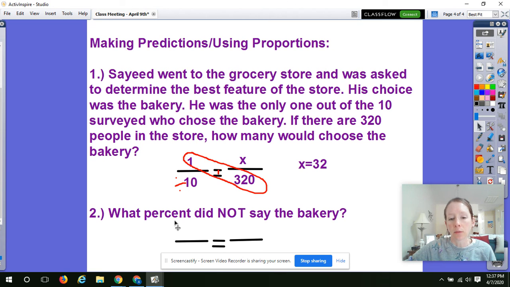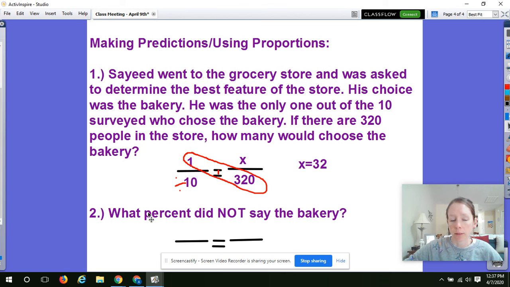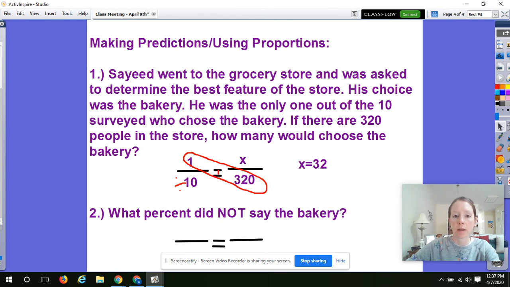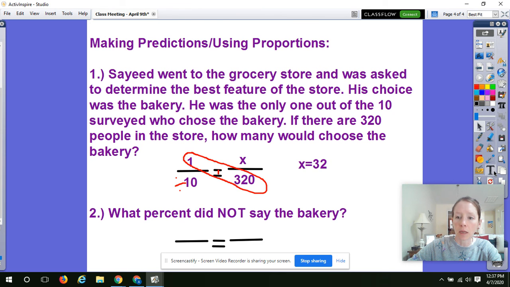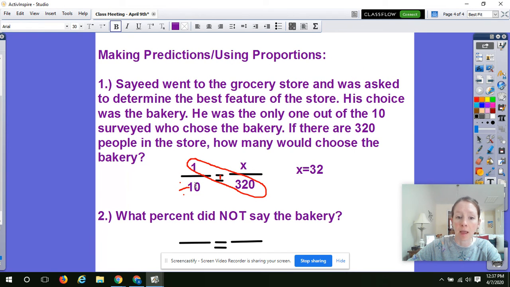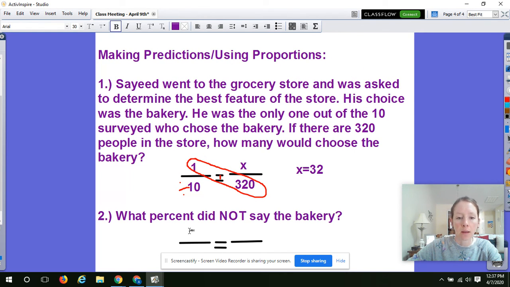Now, they also are going to throw in some percent proportions. So you need to remember how to set those up as well. So this question says, what percent did not say the bakery? So if Saeed was 1 out of 10 that did say the bakery, that means 9 out of 10 did not say bakery.